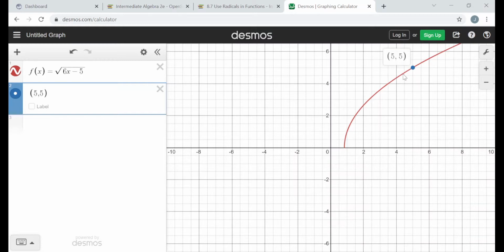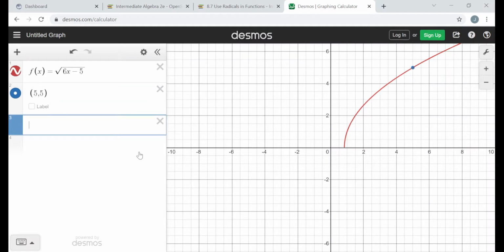It is an ordered pair belonging to this function called f. And then you see how the graph starts at this 5/6, comma 0, and then goes up this way. Notice that there are no ordered pairs, no points of the graph to the left of this.